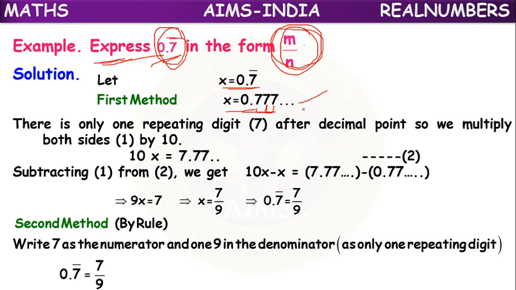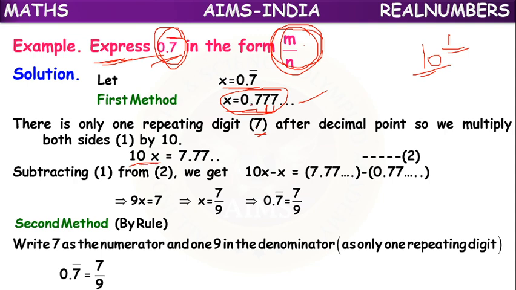Now here, the repeating decimal is only 1 digit, so that's why we have to multiply both sides with 10 power 1. If we multiply on both sides with 10, it becomes 10x.